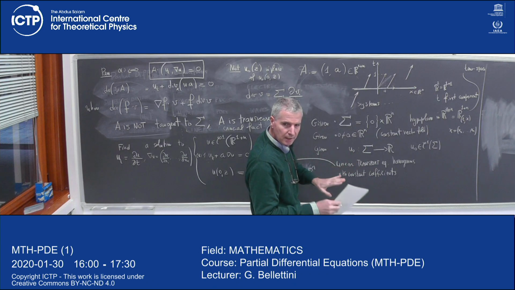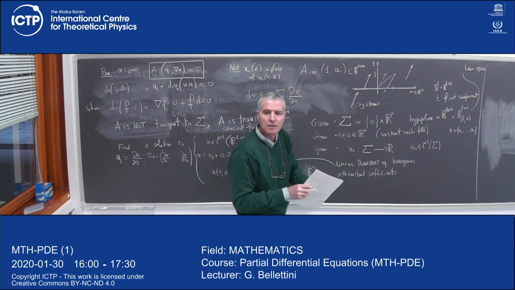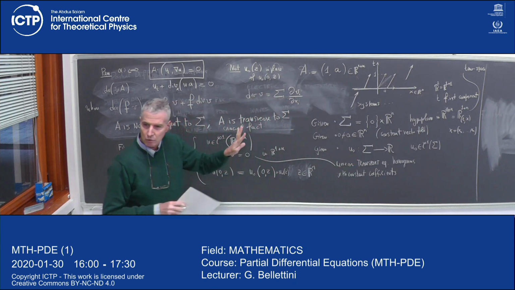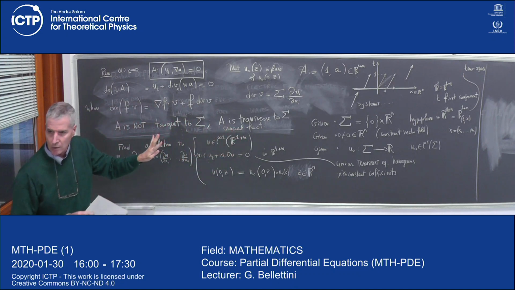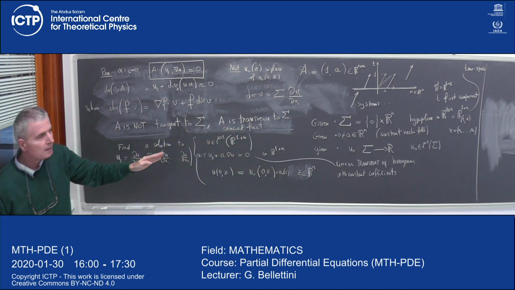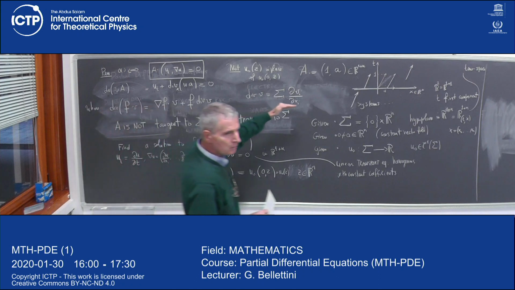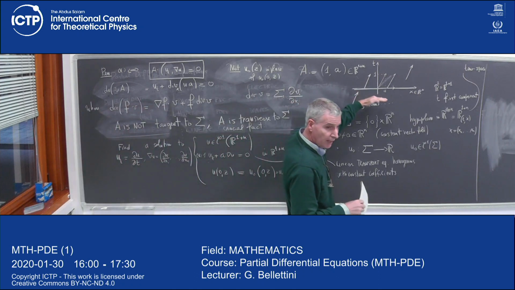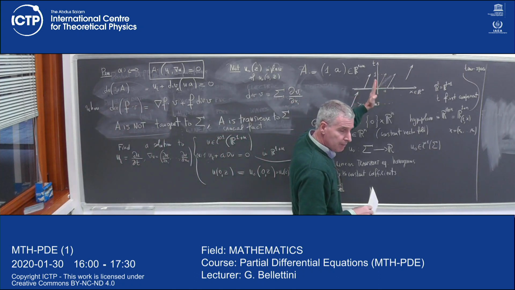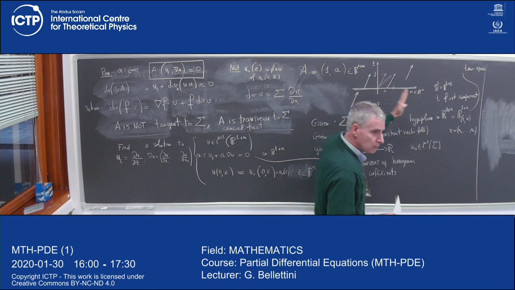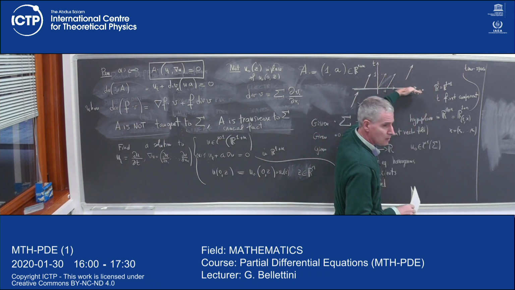But sigma and the vector field must be transverse to each other in order to do this theory. Like in this case. Clearly in this case, sigma is very simple, it's a special hypersurface, it's just flat. Capital A is very simple because it is constant, and it is never tangent.